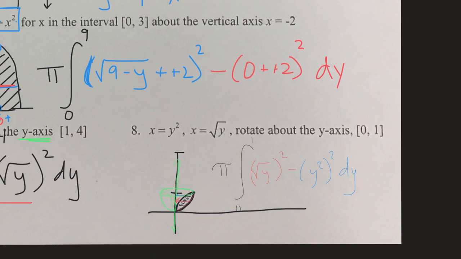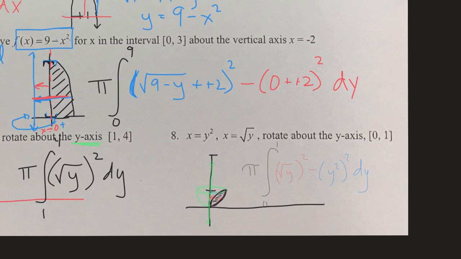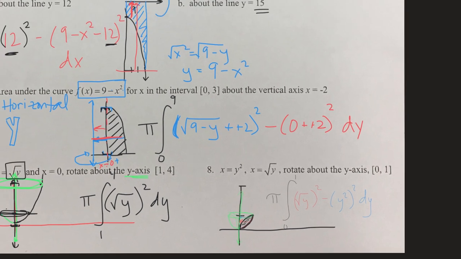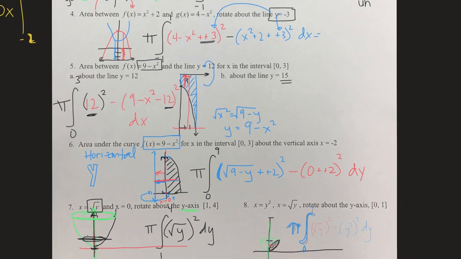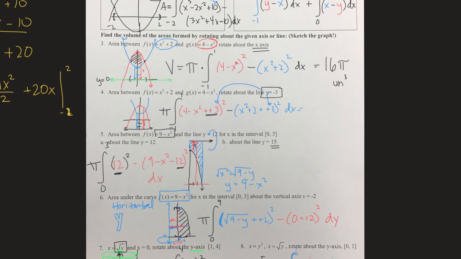So when we have two functions rotated around a central axis, it's the farther radius minus the closer radius. Okay, make sure we're always multiplying these things by pi outside of your integral to give you your circle. Okay? So there's page 1.